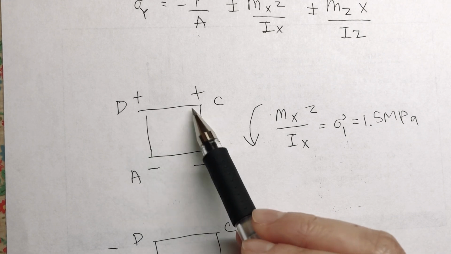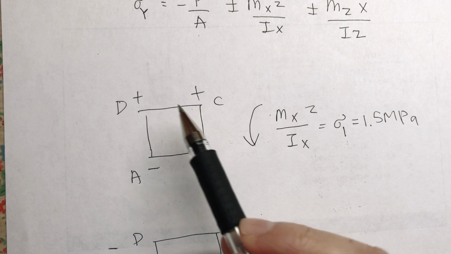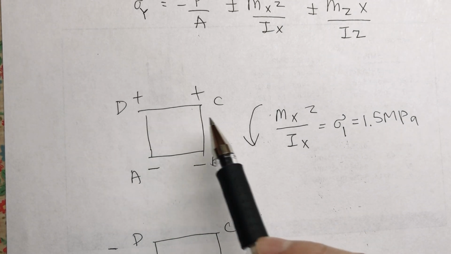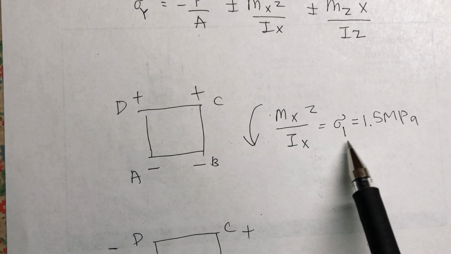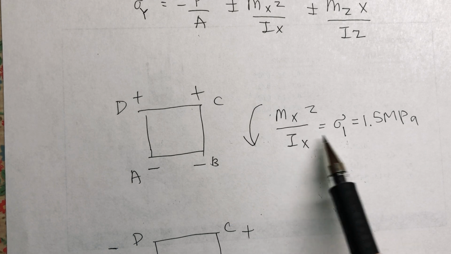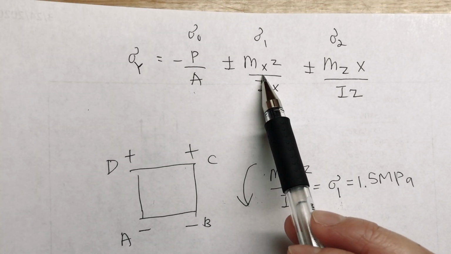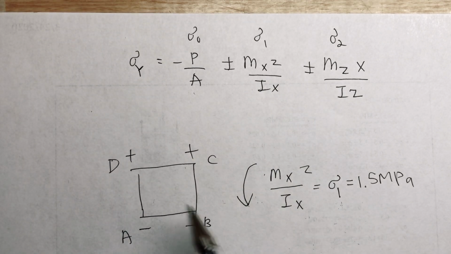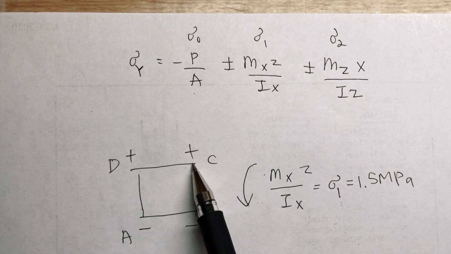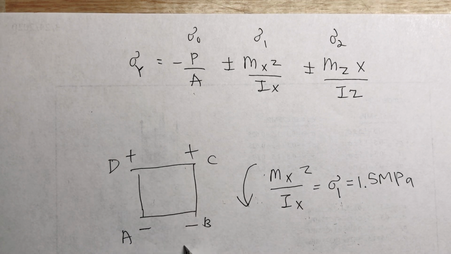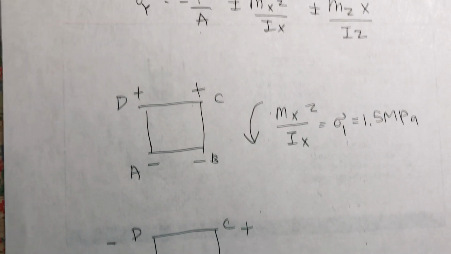The topmost is going to be in tension. So C and D are going to be positive for stress 1, which is the moment about the x-axis, okay? So D and C are positive for stress 1, and A and B are negative for stress 1.